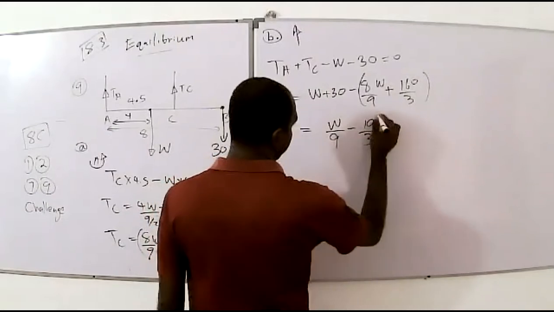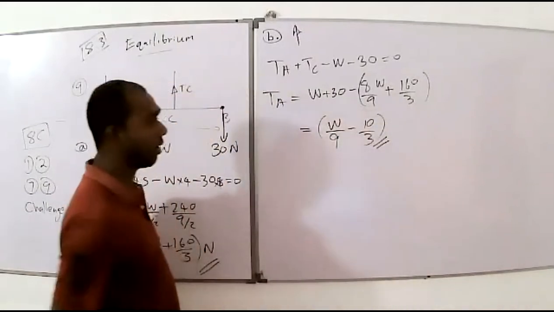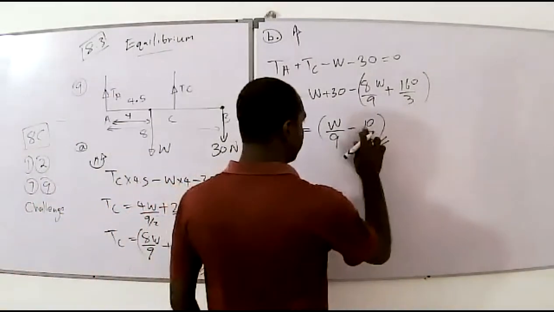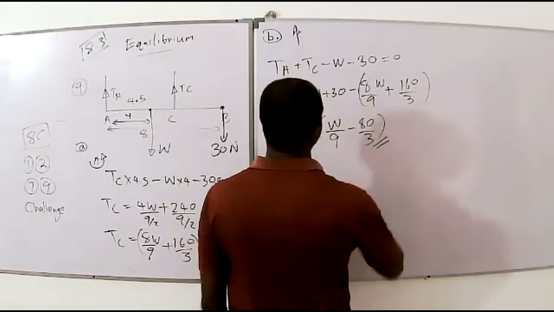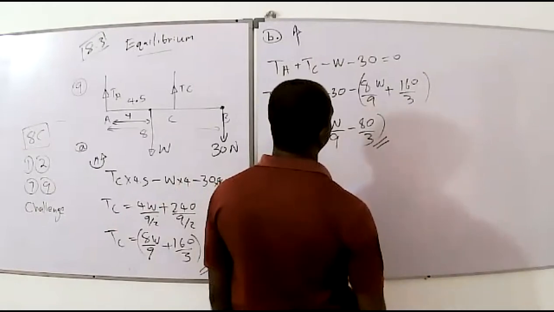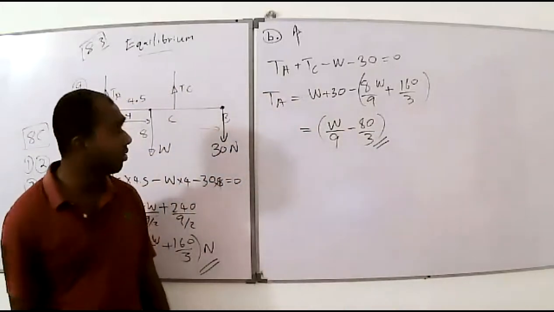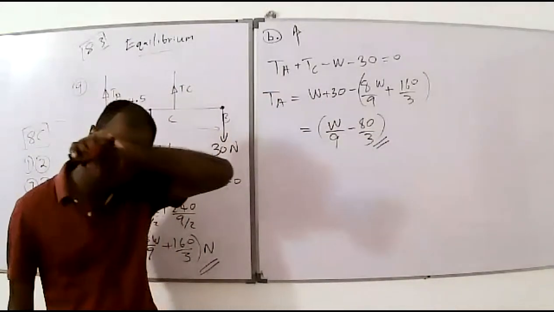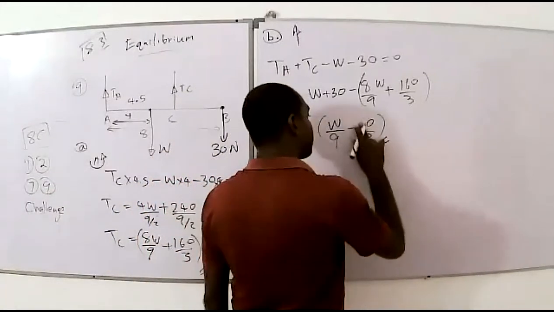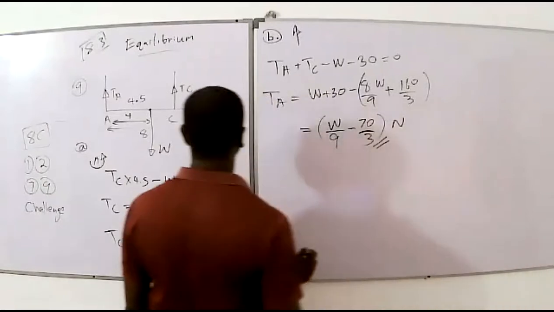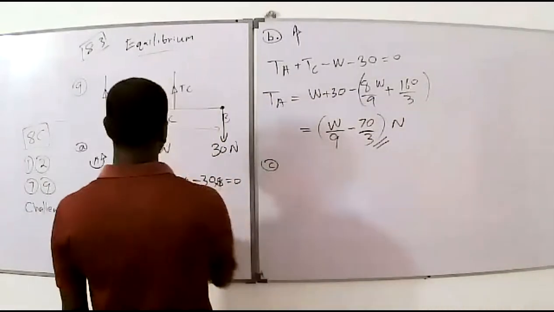If you take a common denominator and solve this, you will have W over 9, 90 minus 160, which will be minus 70. Minus 70 over 3 newtons. This will be the tension at A.